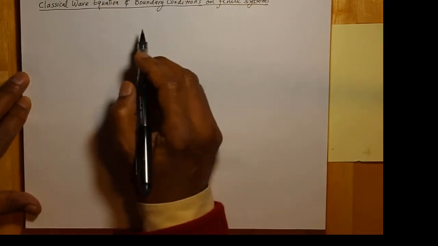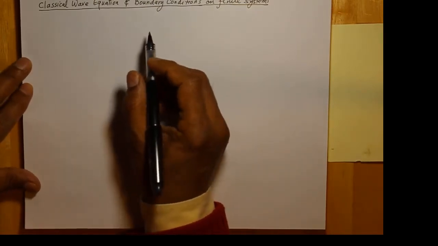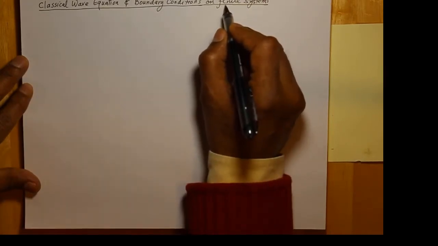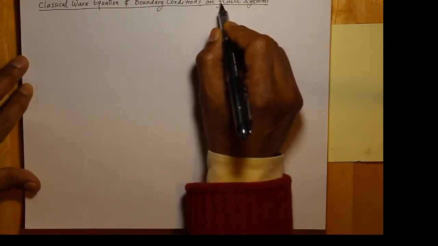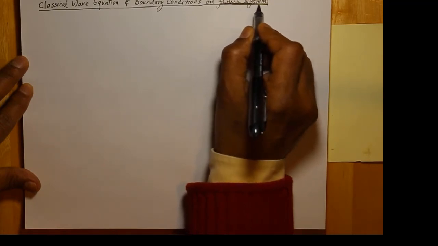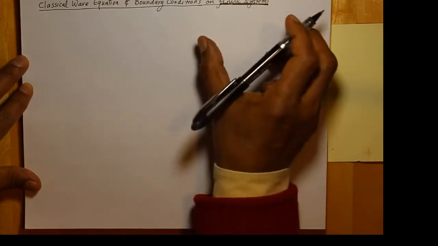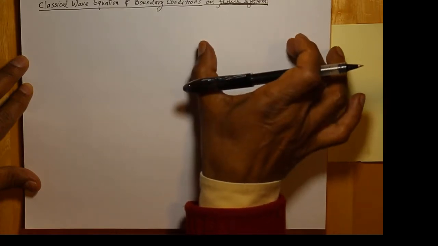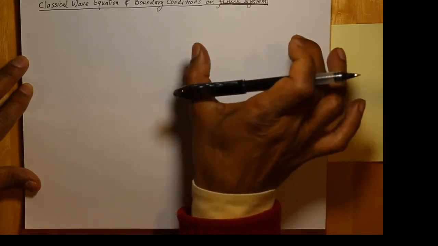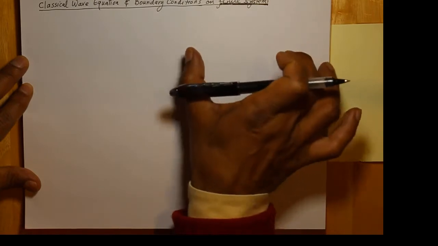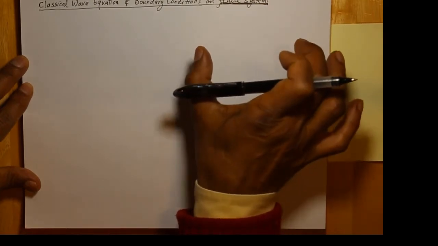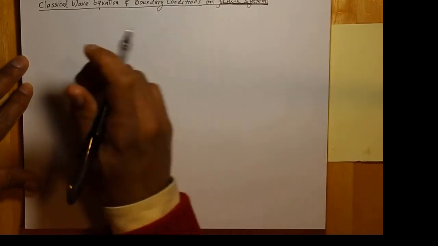But right now we just look at finite systems. Finite systems means there are two ends. You have a bar or a spring or a string. There's a finite size. So that's what finite system means.